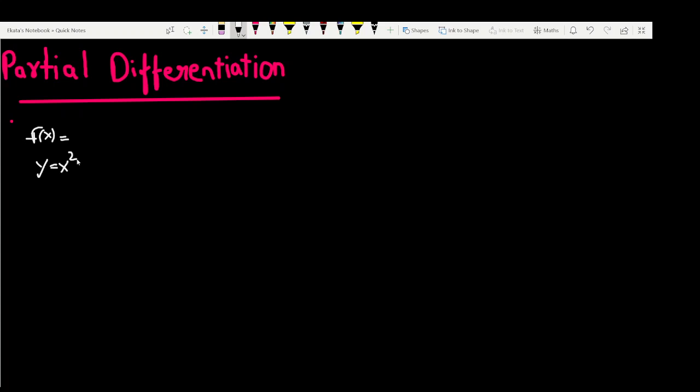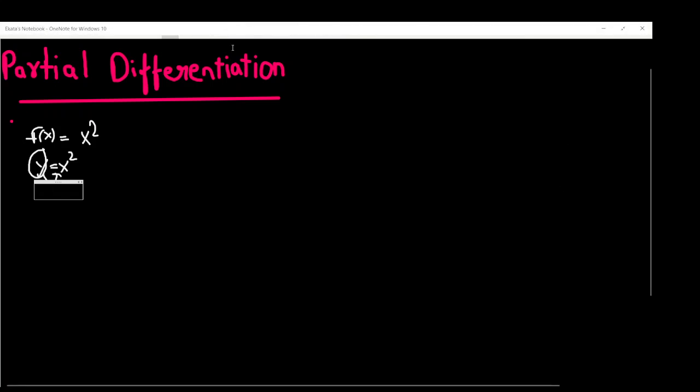It means f of x is equal to x squared, so y is dependent upon the value of x, so y becomes a function of x. So this is the basic definition of what a function exactly is.